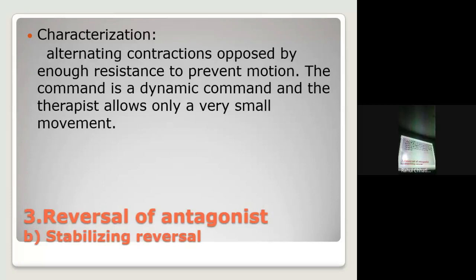The command is a dynamic command, and the therapist allows only a very small movement. Yes, you can remember, 5 to 10 degrees only, not more than that. Now on video, if I am showing you 5 to 10 degrees, you will hardly be able to see. So that is what is to be allowed. Otherwise, it is not to be allowed. If it is more than 5 to 10 degrees, then it is dynamic reversal, not stabilizing reversal.